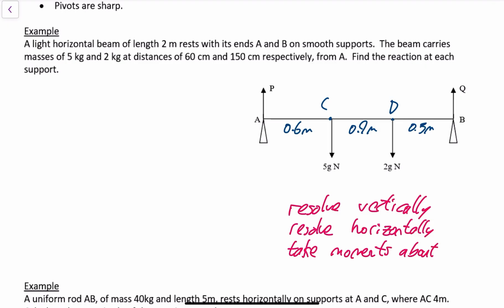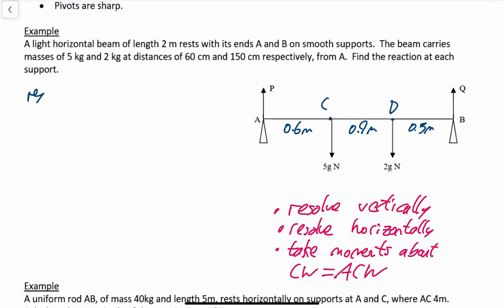And when I say take moments about a point, I mean you put your clockwise equal to your anti-clockwise. So you're going to see some difficult questions in the next few videos with ladders and hinges and all sorts of things. But remember, if you get into a panic, all you can do is resolve vertically, resolve horizontally, and take moments about a point. That is it. So we're going to do that in this one.